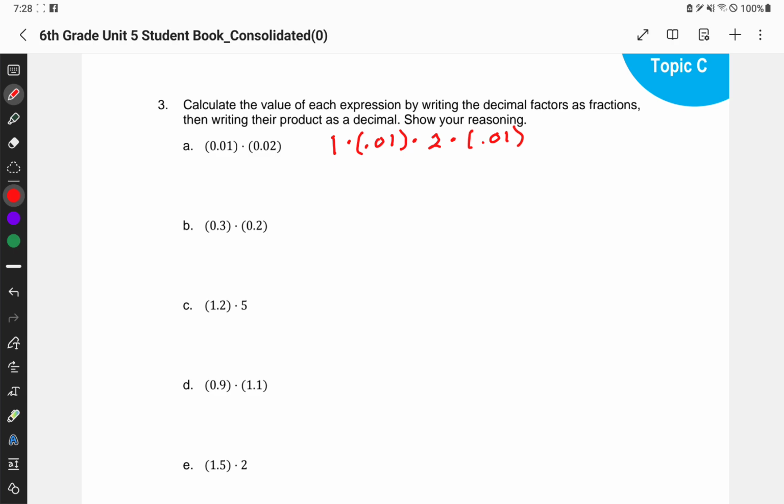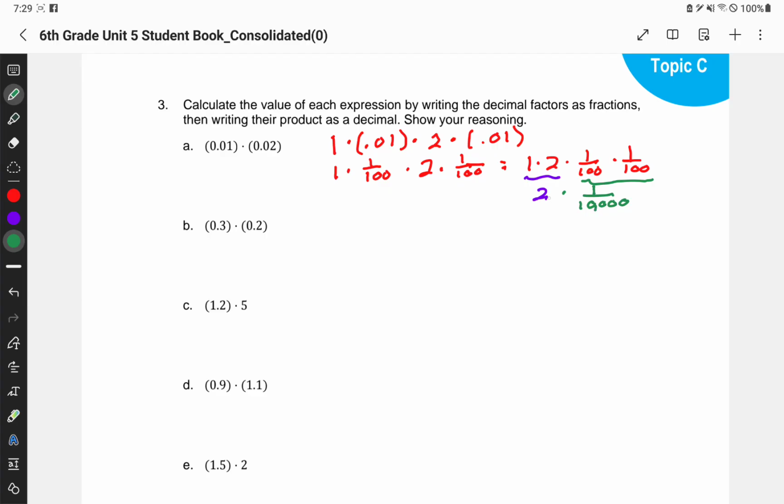Well, that's 1 times 1 over 100 times 2 times 1 over 100. And now I can rewrite that as 1 times 2 times 1 over 100 times 1 over 100. 1 times 2 is just 2. 100 times 100, that's 4 zeros, so that's 10,000.